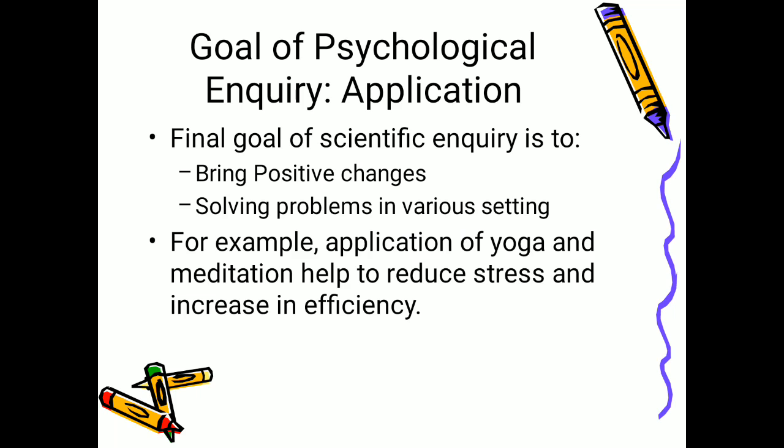So that is an application, that is I can apply yoga or meditation on ourselves as well, to see whether it actually reduces stress, or is it just that they are saying it. So it is very important that we apply it practically, so that we know that actually yoga and meditation help in reducing the stress and in increasing the efficiency of a person.